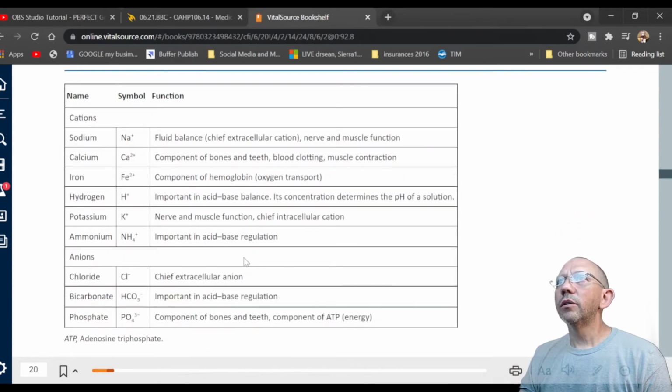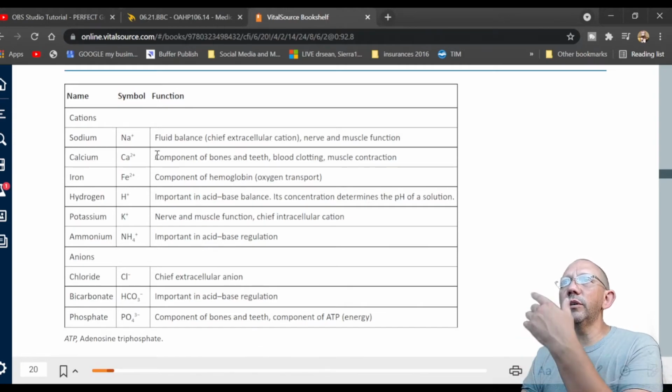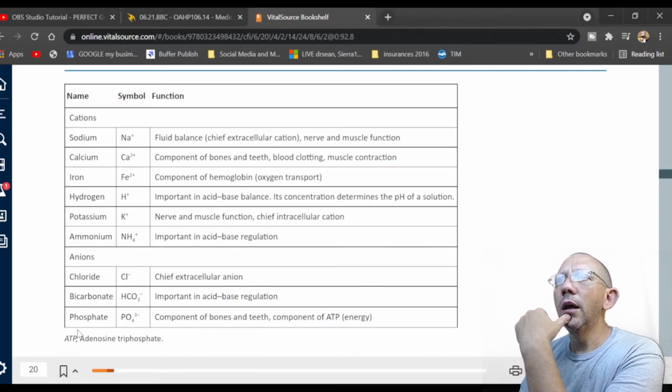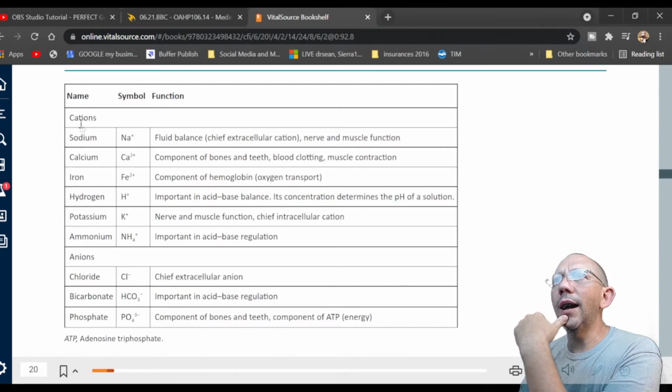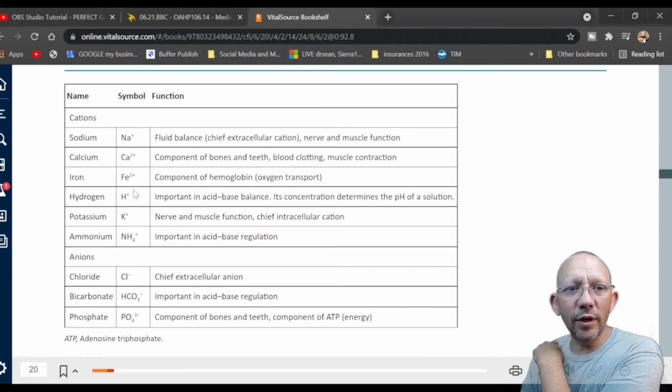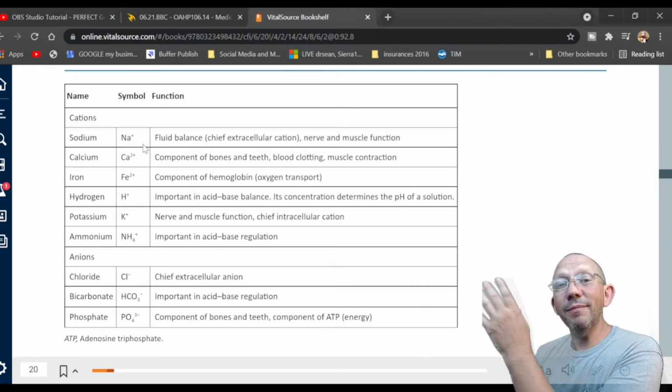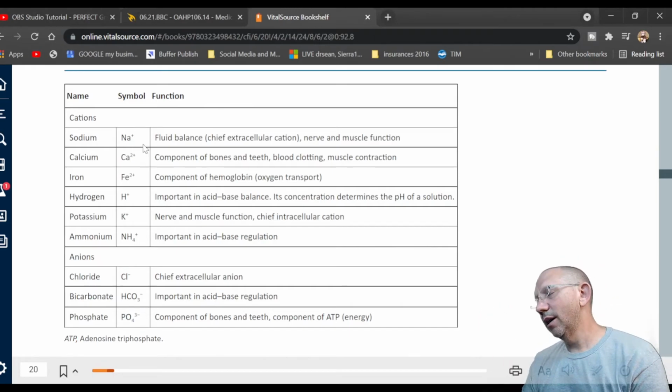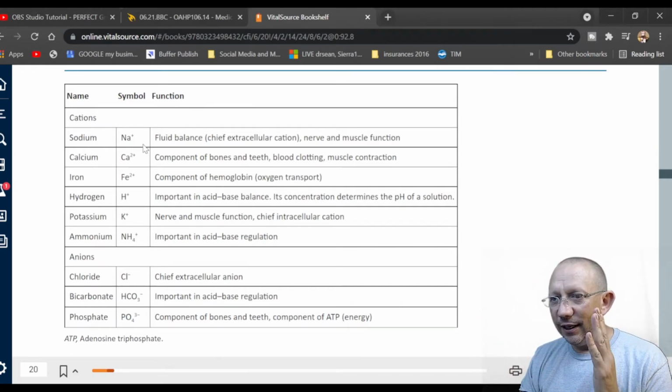Sodium function, fluid balance. So here, this is actually really good. These are the main ions that we have, the cations versus the anions. Remember, cations are positive. You can see right here, little positives on the end of each one. That means it is positive, so it has more protons than it has electrons.